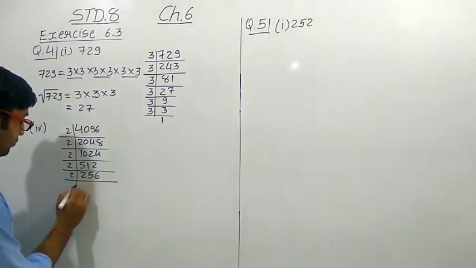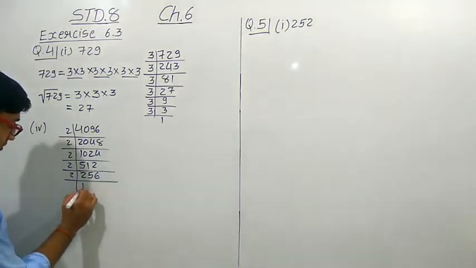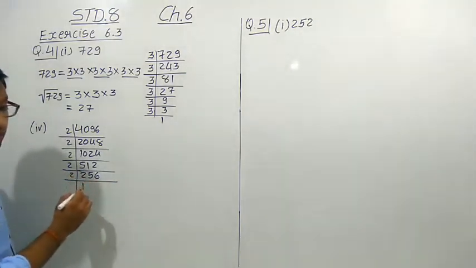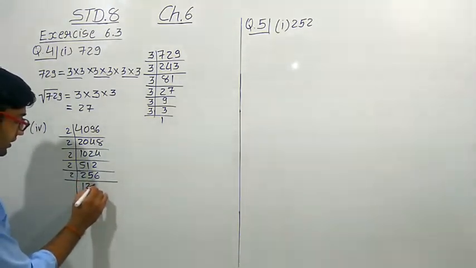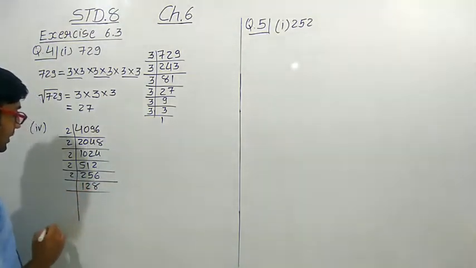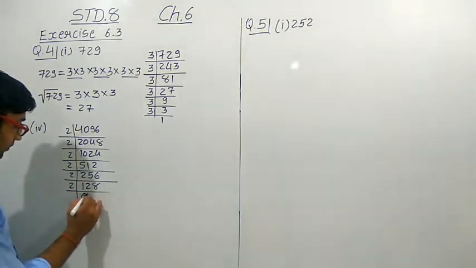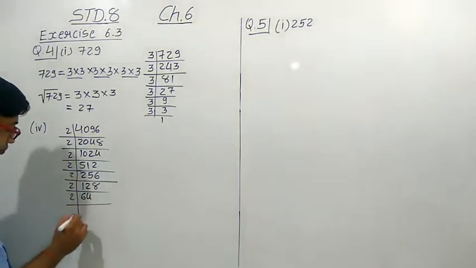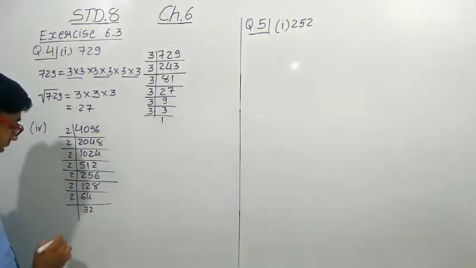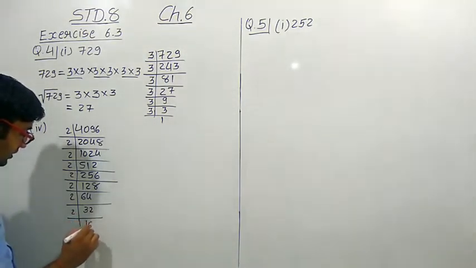Okay, divide it by 2, again we get 128. Again divide it by 2, we get 64. Okay, again divide it by 2, we get 32. Right? Again divide it by 2, we get 16.